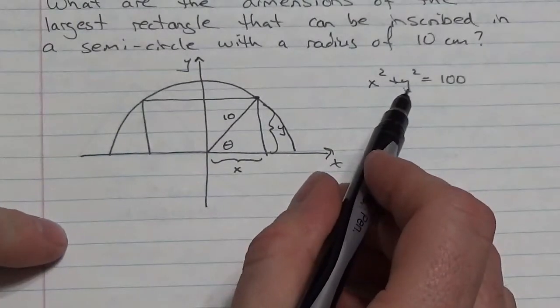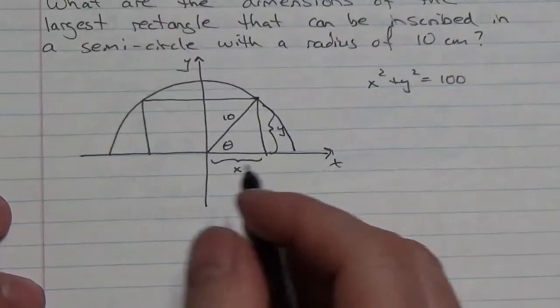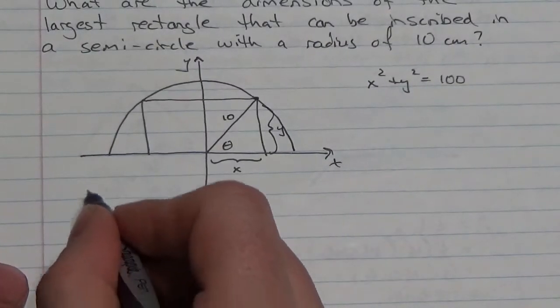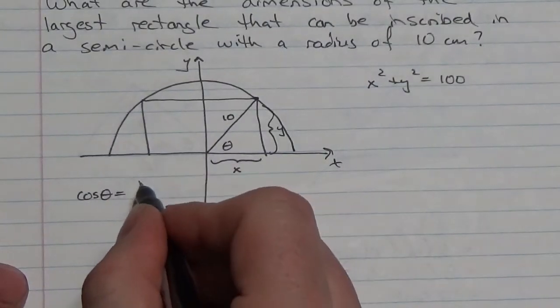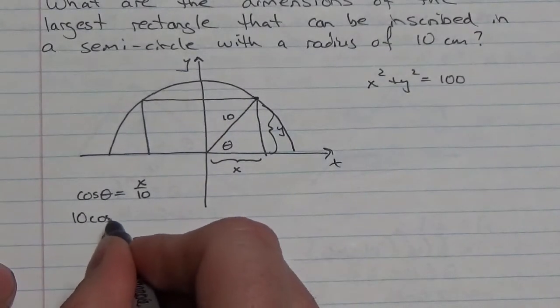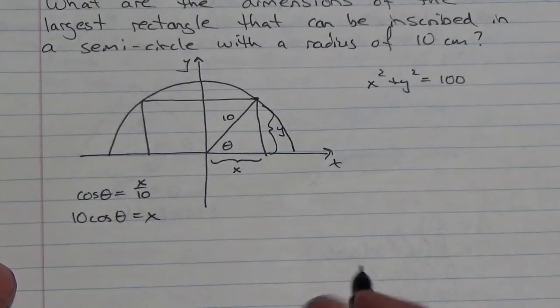So now, instead of using x squared and y squared and x and y, I'm actually going to use theta. The cosine of theta will equal x over 10, meaning that x is going to be 10 multiplied by the cosine of theta.